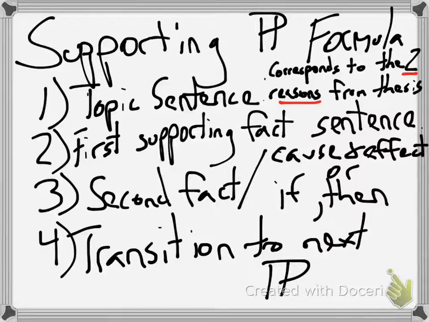The number 3, your third sentence, should be another fact, and this is when you can easily use cause and effect for logic, or if-then sentences, which is another sign of cause and effect for logic, if you don't have a second fact. And your final sentence needs to transition to your next main idea, which is the next paragraph. If you don't know what this symbol is, that's a symbol for a paragraph.